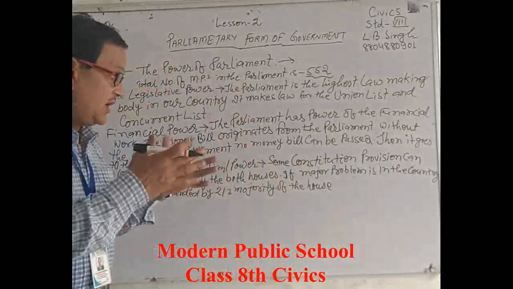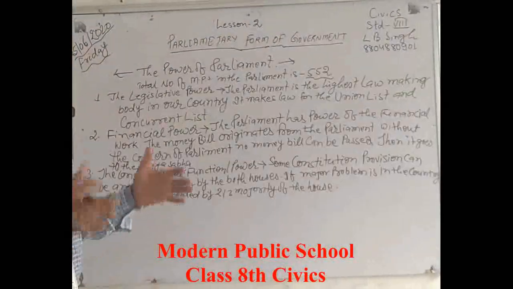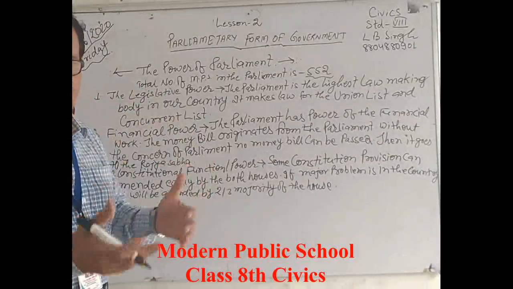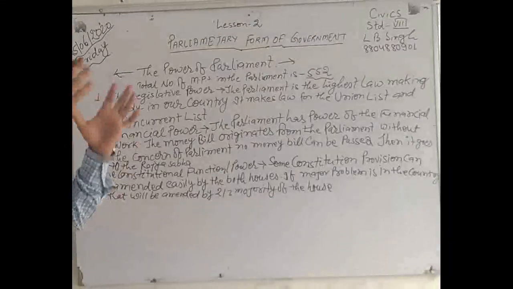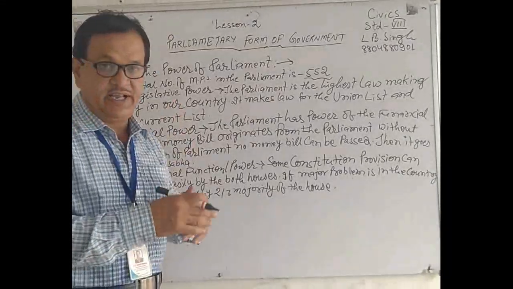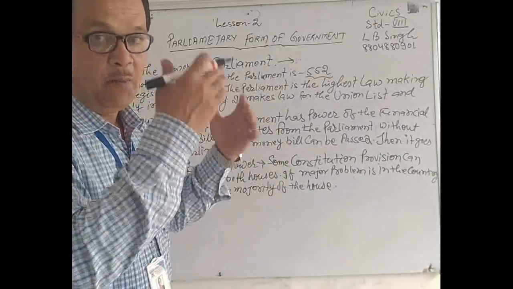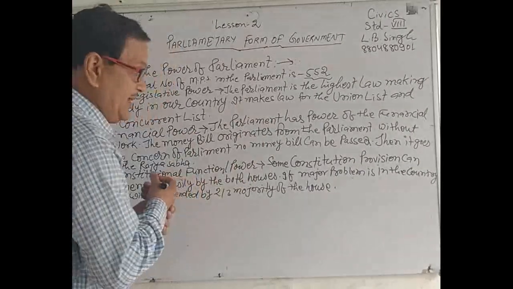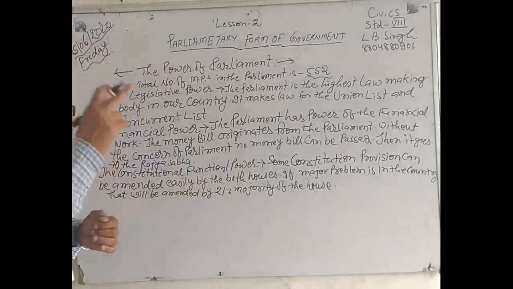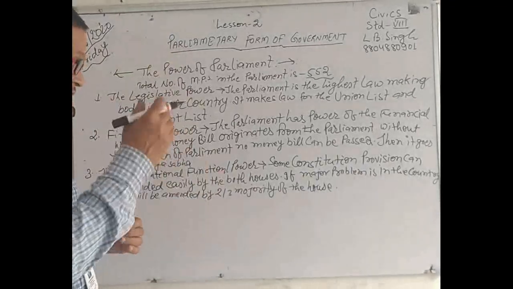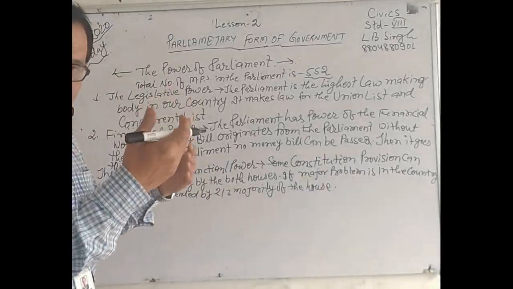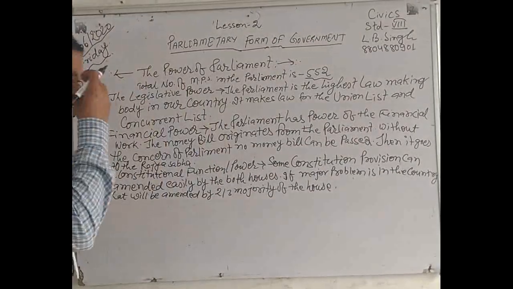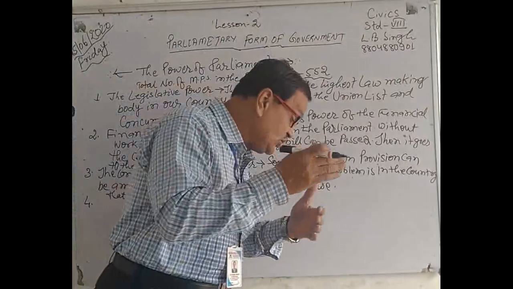That was a complicated problem in our country. It was essential to amend the constitution. So by two-third majority, this CAA bill was passed by the government. Such major problems will be solved by two-third majority of both houses, meaning Rajya Sabha and Lok Sabha.